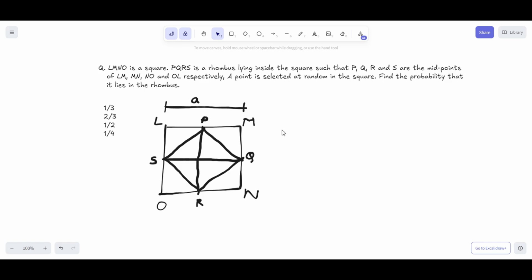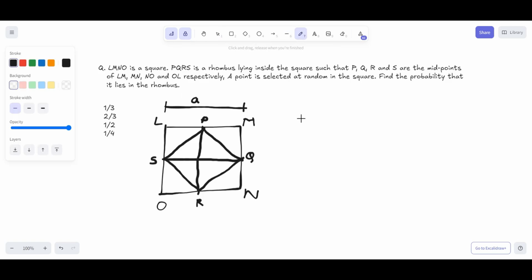First we will find the area of the square. We are considering the length of one side as A. So the area of the square is side square, that is A square, and the area of the rhombus is half into the product of diagonals.